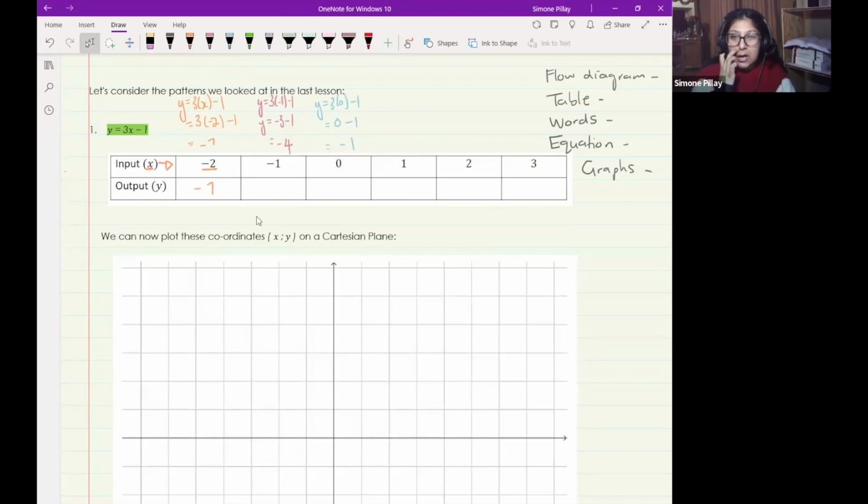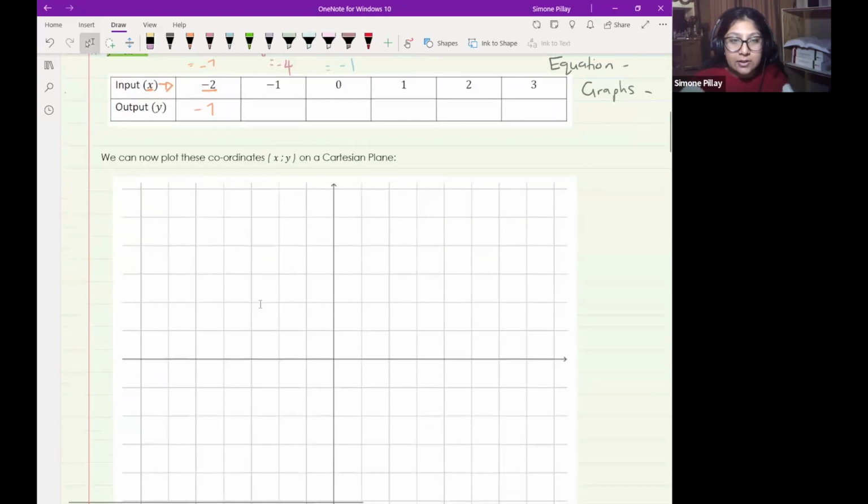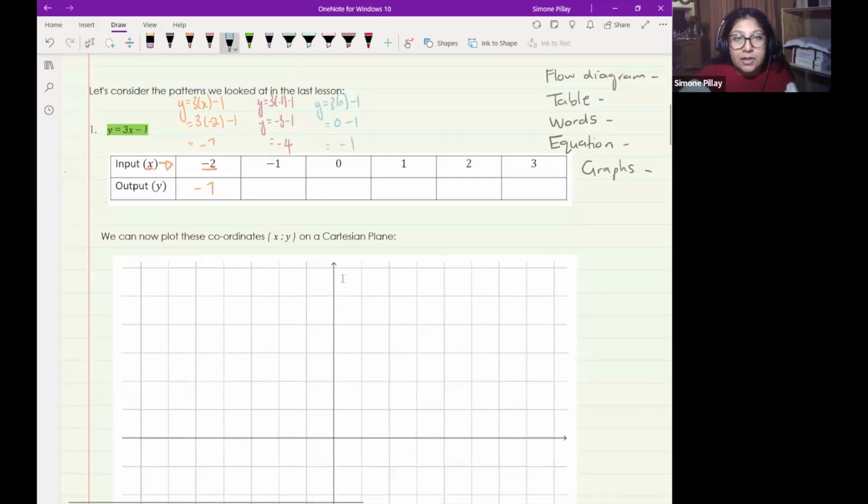Lucille has asked, ma'am, what do you do with the x? Can you elaborate on that, please, Lucille? What do I do with the x? So from what I'm understanding from what you're asking, yes, x is the input. So I take my equation. My equation is y is equals to 3x minus 1. And now remember, my y is my output, and my x is my input.